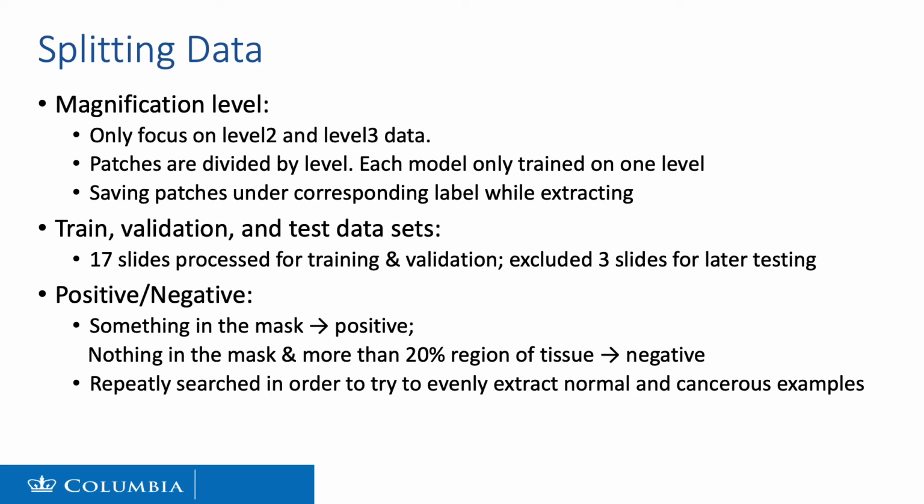About how we determine whether a patch is positive or negative, we look at the mask. If there is something in the mask, we say it is a positive patch. But if there's nothing in the mask, first we want to be sure that this region, this sub-picture, is tissue, not something else.